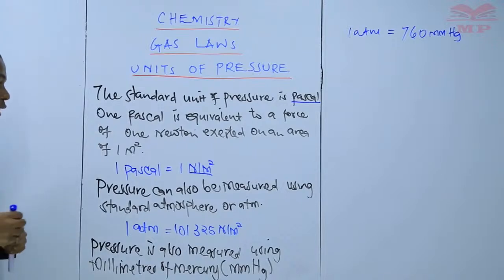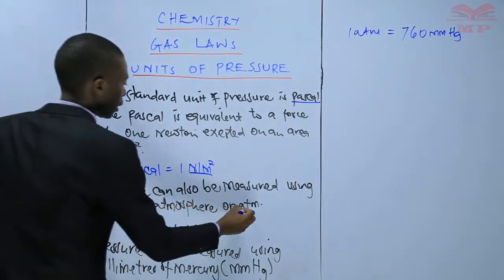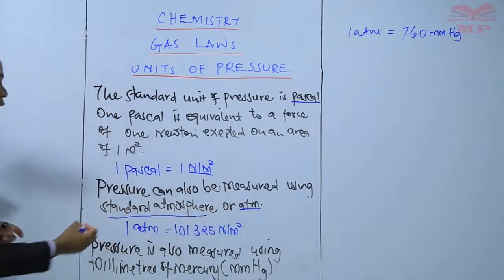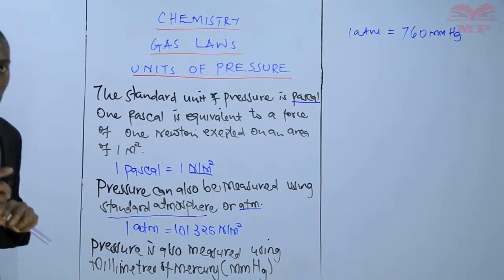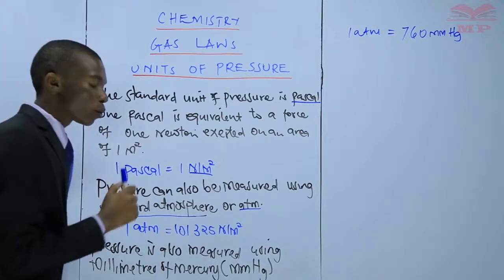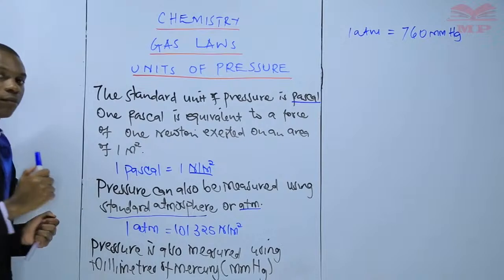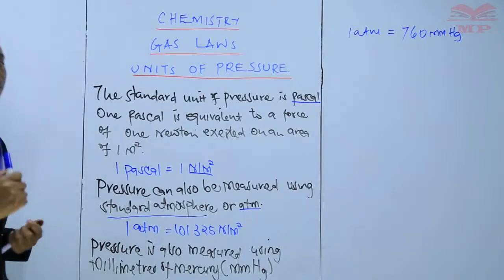The third unit is standard atmosphere, or just atmosphere. Again, 1 atmosphere pressure is equivalent to 101,325 Newton per meter squared.